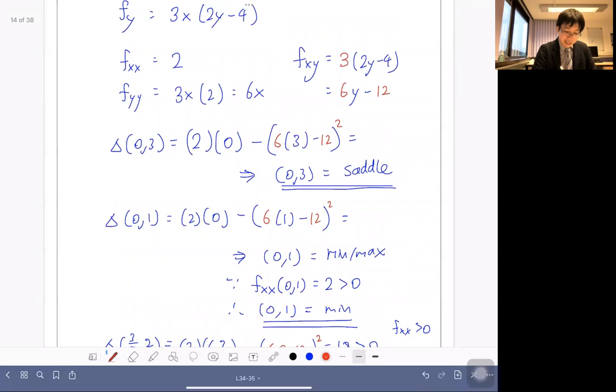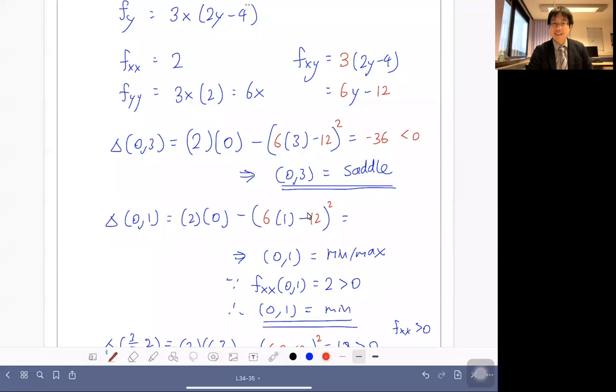Now let's evaluate this. This is minus 6, so 18 minus 12, so plus 6 squared, so minus 36. There's another quick way to see it: this part is 0, and then you're subtracting something squared, so this has to be negative. We just need to know whether the discriminant is positive or negative to determine whether it's a min, max or a saddle point.